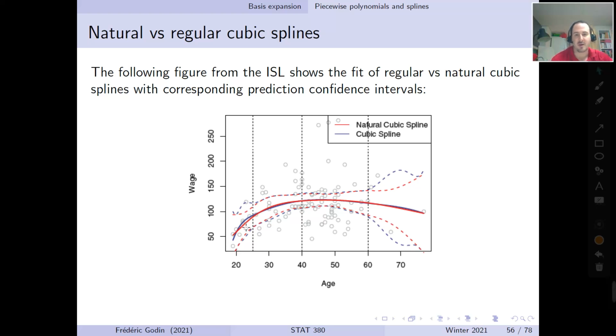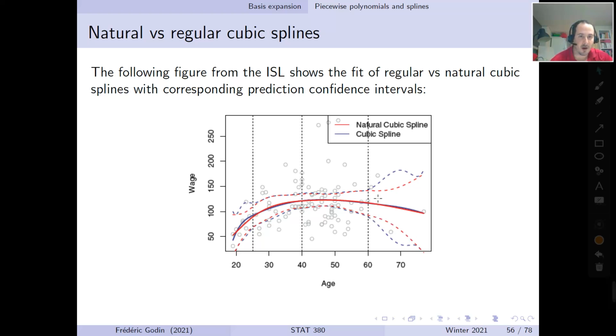What we see also is that it's not only the predictions themselves that are more stable: if you calculate the confidence intervals for these predictions, they are wider for the blue curve and thinner for the red curve.